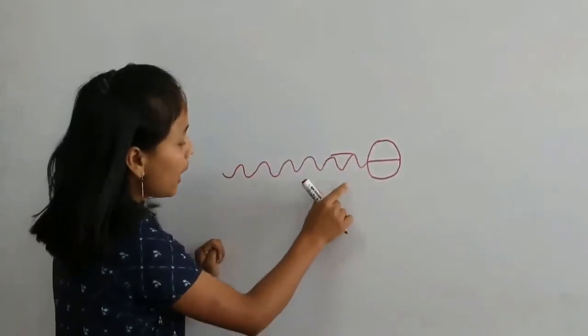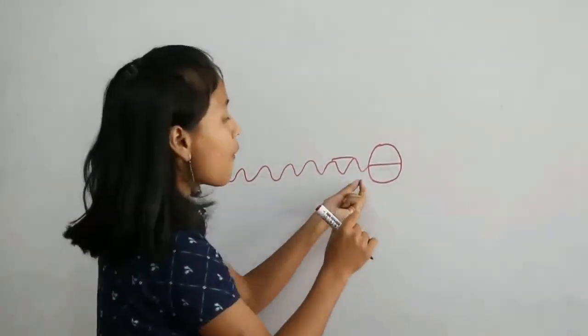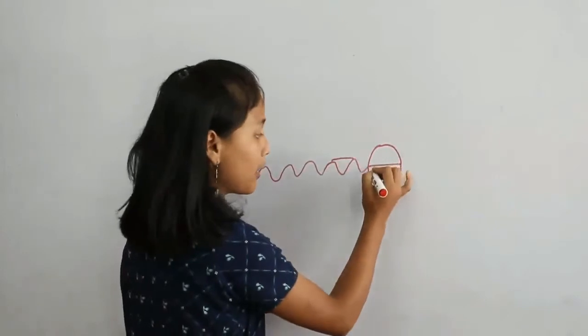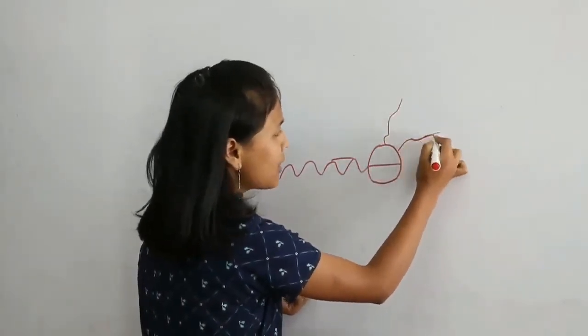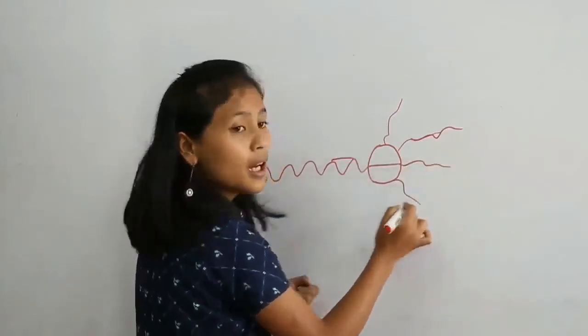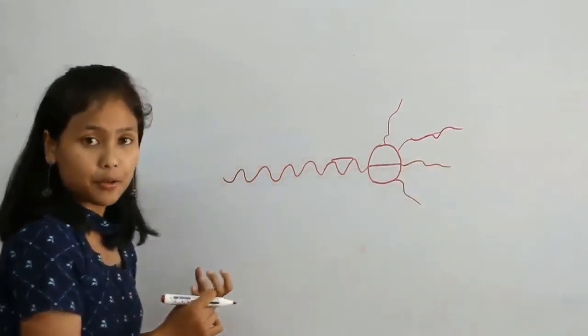So what happens? This incident light is first absorbed by this particle and then transmitted in all possible directions. This is called scattering of light.